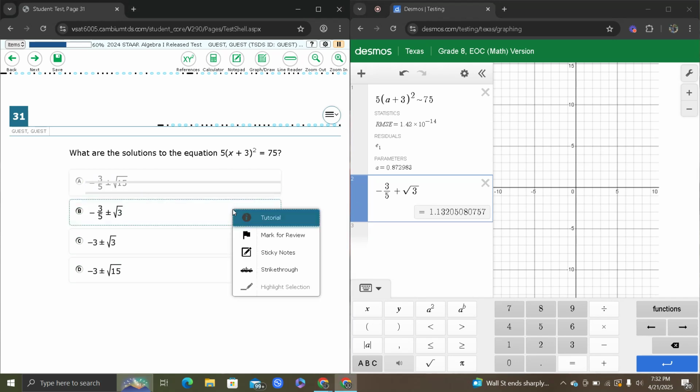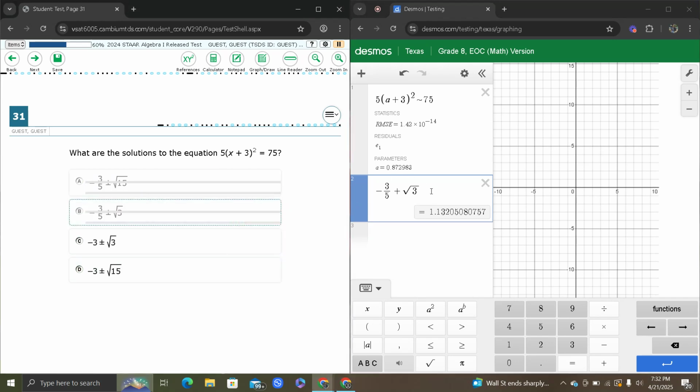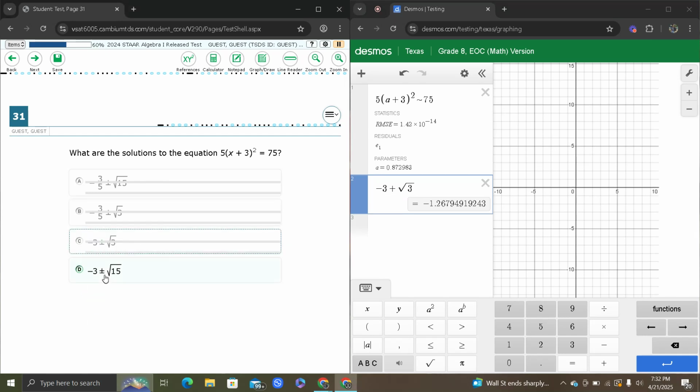This doesn't work either, so it can't be B. So let's try the square root of 3, but let's just change it to negative 3. This doesn't work, so therefore your answer is D. Always check it though, just in case. And oops, wrong number. And they match up exactly, so therefore D is your answer. Okay, nice start.